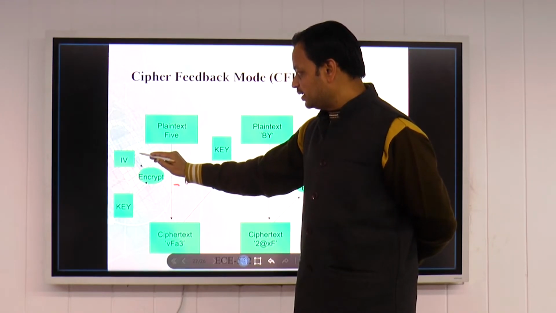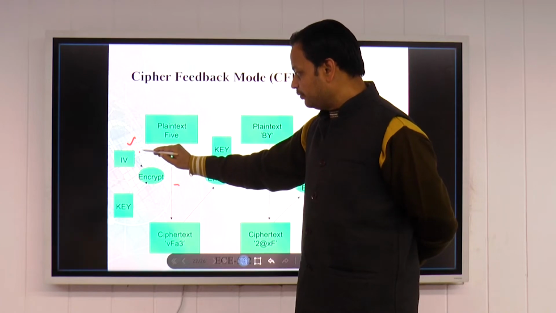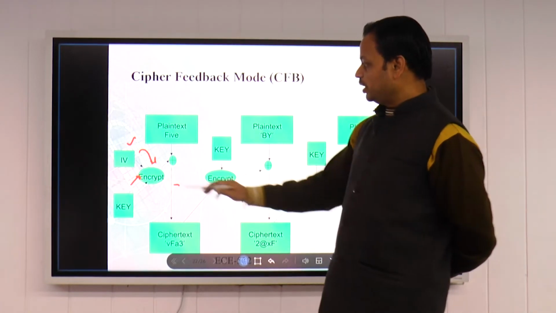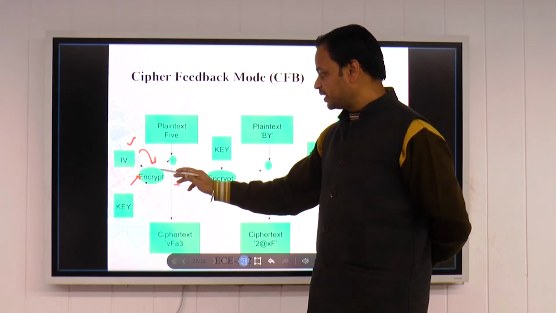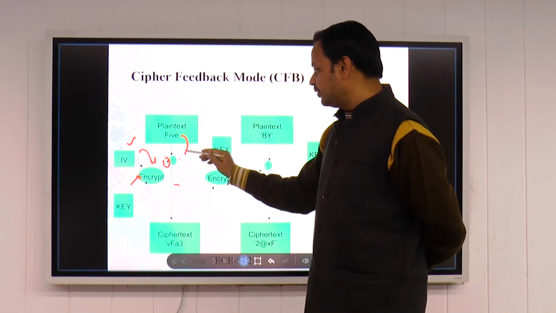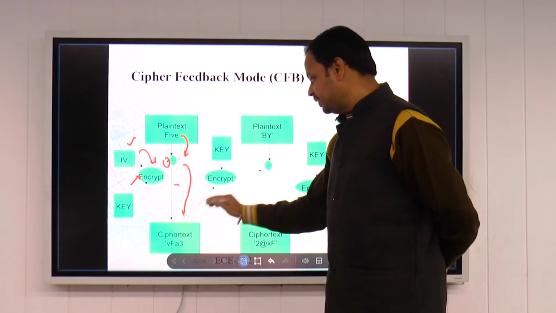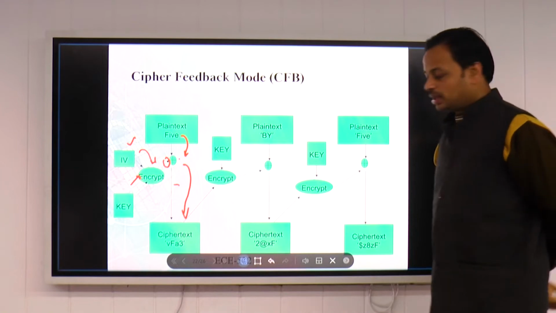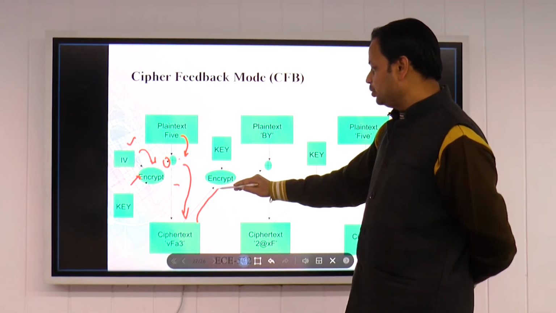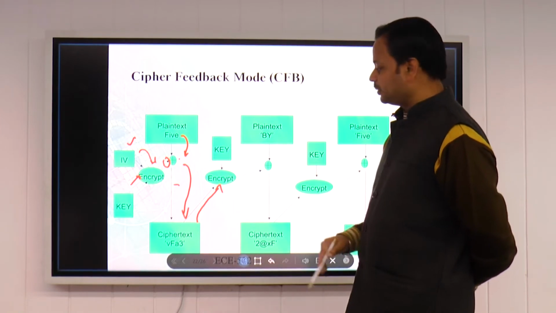First of all, we are using the initialization vector and encrypting it with the key. Whatever output we get, we then XOR with the plain text, and that will be taken as the ciphertext. Now the rest remains the same. Next, the ciphertext of the previous step will be used as the initialization vector for the next step.